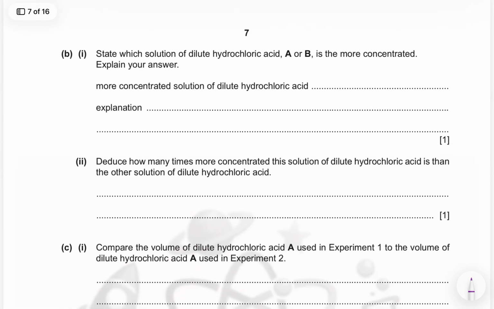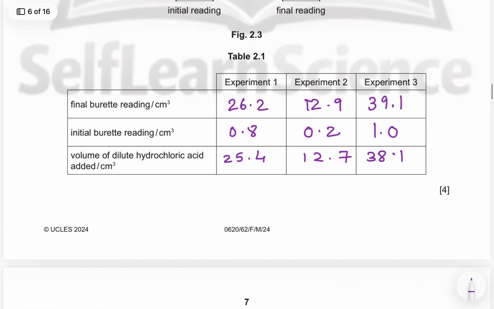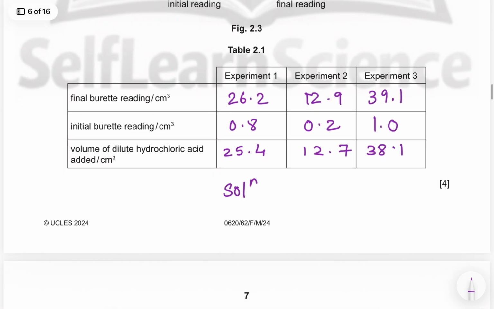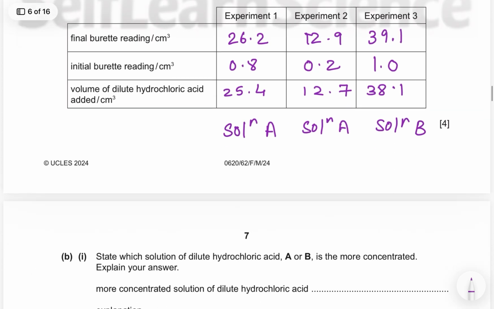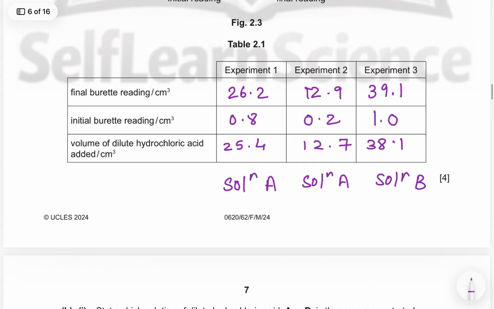B1. State which solution of dilute hydrochloric acid A or B is more concentrated. So for that again we will have to refer the table here. If you see, for experiment 1 they have used solution A. For experiment 2 also they have used solution A, and for experiment 3 they have used solution B. Now for difference between solution A and B, which one is more concentrated?